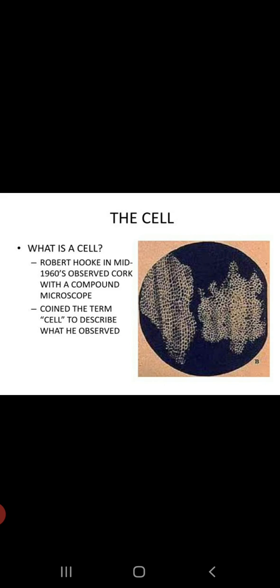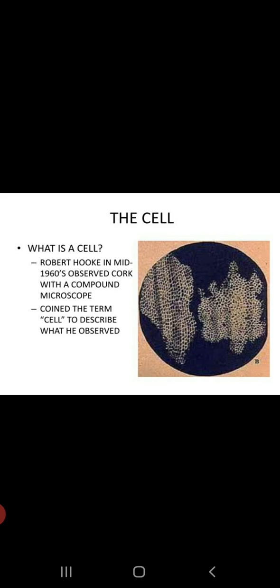He observed that in the bark of the tree, in the layer of the cork, there were compartment-like structures. He observed these under a microscope. They were looking like a honeycomb. And he named these compartment-like structures as cells.